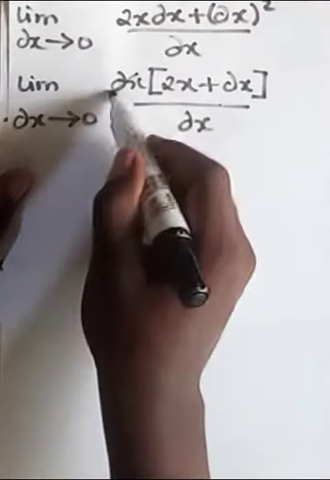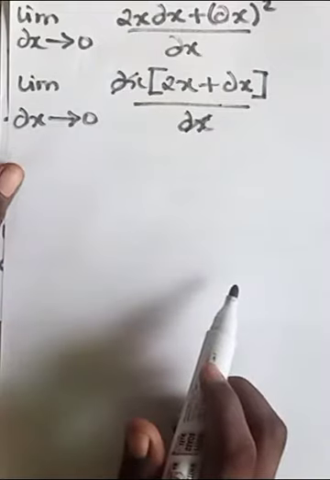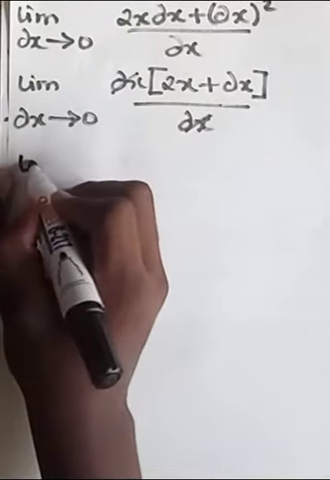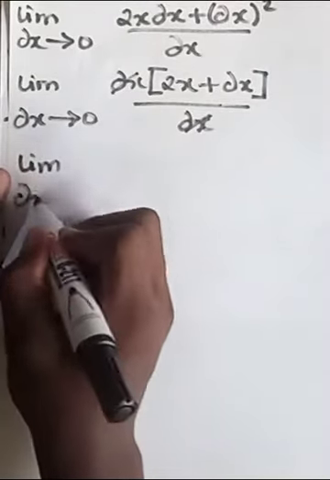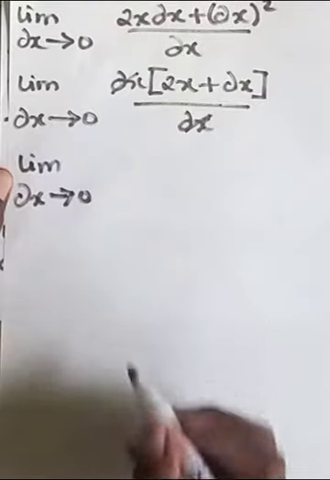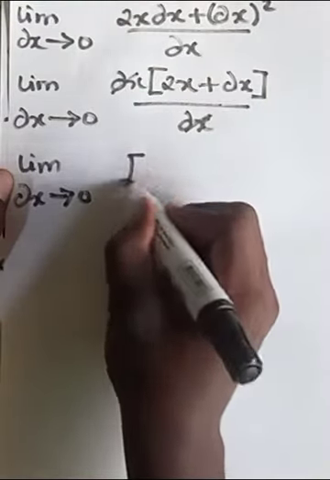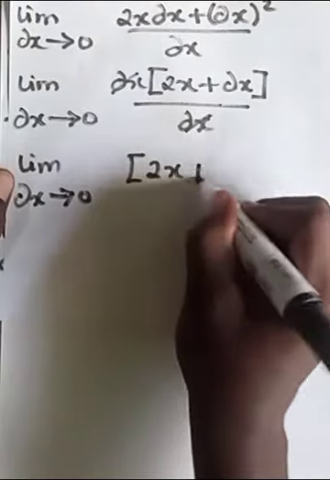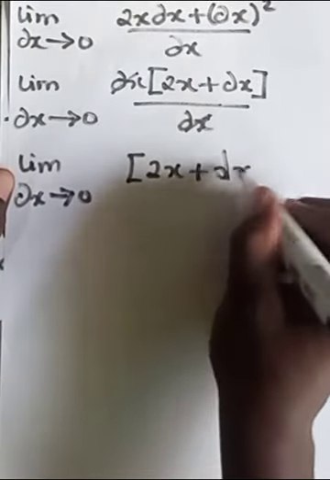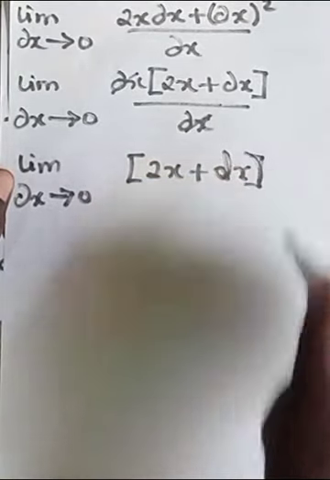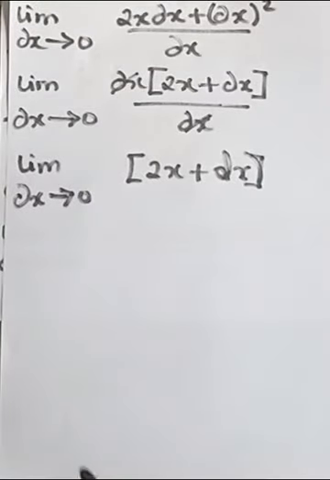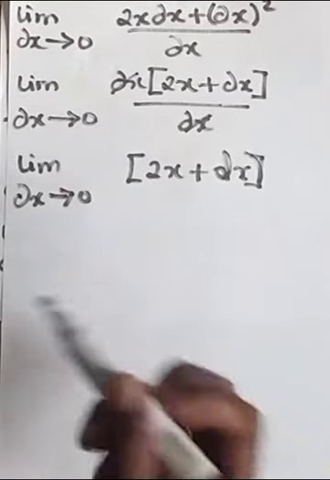So we see here that delta x goes away with delta x, and we can write our equation as the limit as delta x tends to 0 of 2x plus delta x. Study the equation again very well to understand what's here.